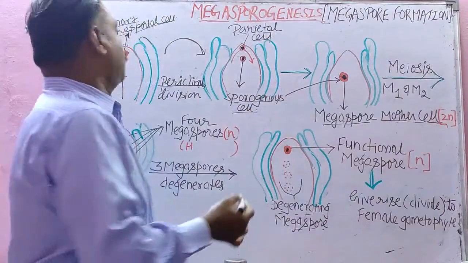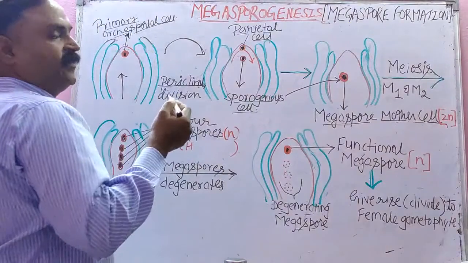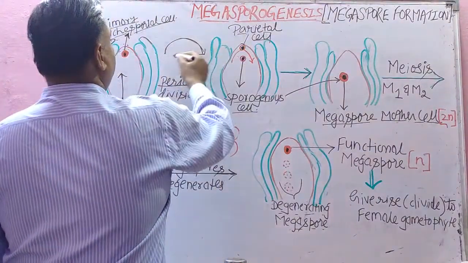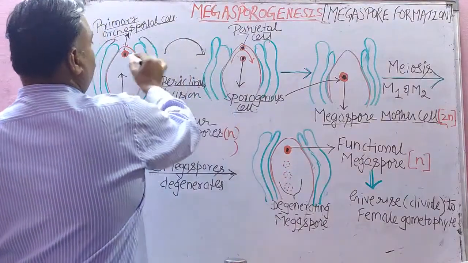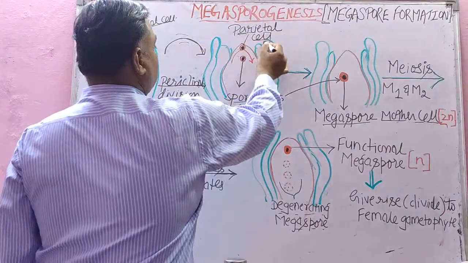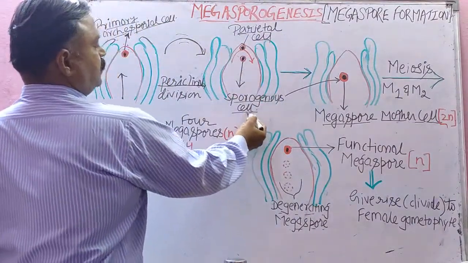This primary archesporial cell, after differentiating from other hypodermal cells, divides periclinally, means the cell division parallel to the organ, and will give rise to outer parietal cell and inner sporogenous cells.